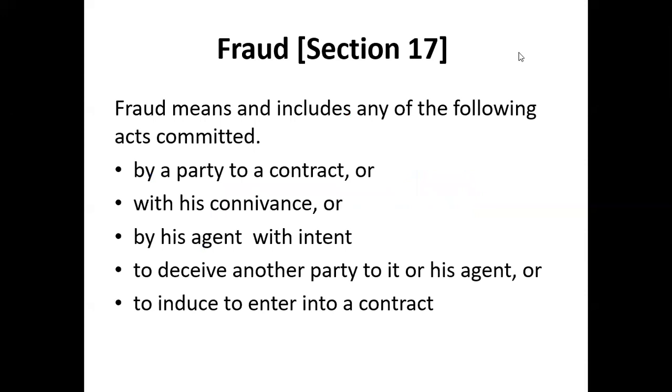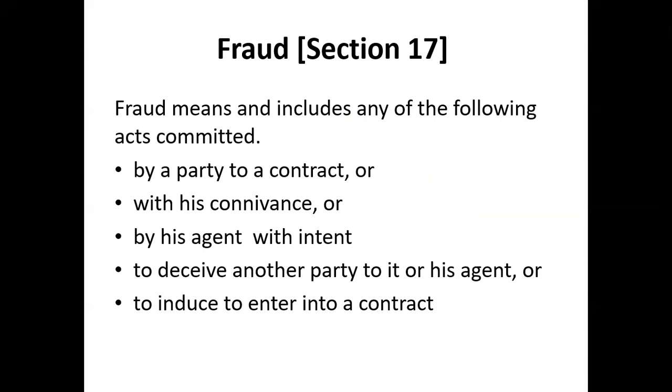First of all, under Section 17, it has been discussed that fraud means and includes any of the following acts committed. These are the five acts which can be called fraud. The first one is acts committed by a party to a contract or with his connivance.